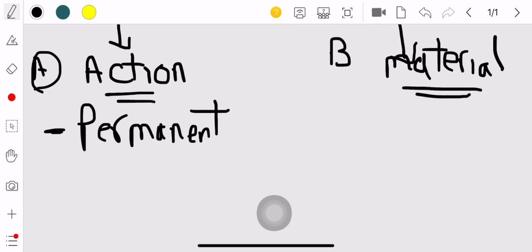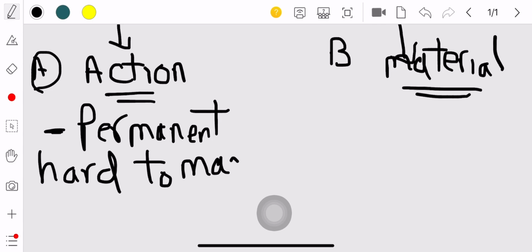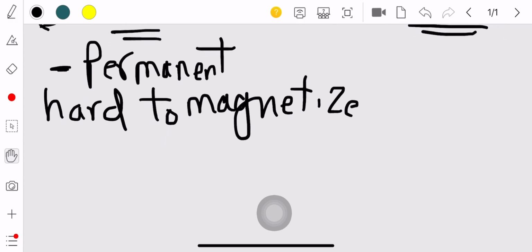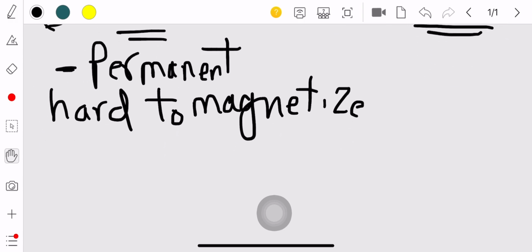Yes or no? So the permanent, it will be hard to magnetize. These types of magnets are hard to magnetize. Will it be easy to lose or difficult to lose? Yes, anything you put effort into will be difficult to lose.